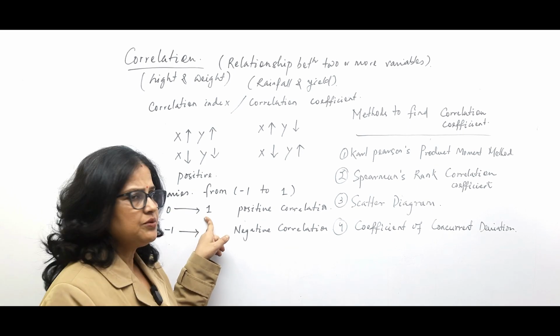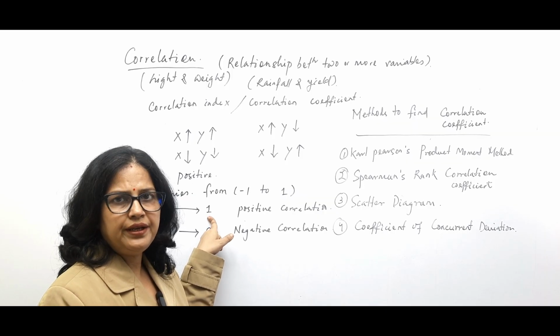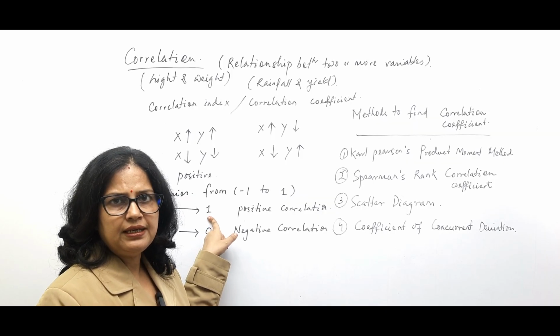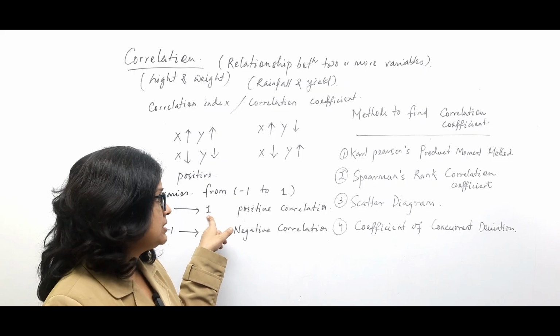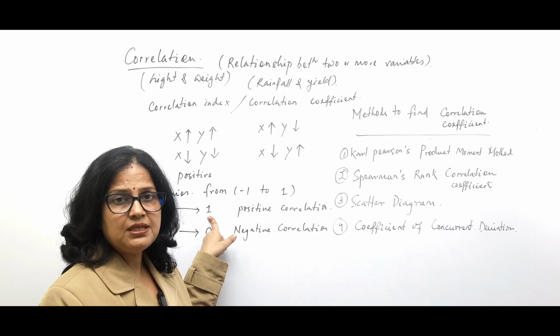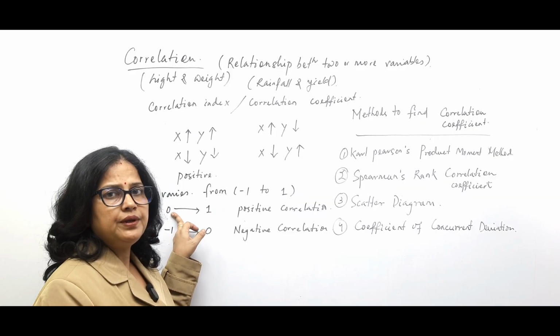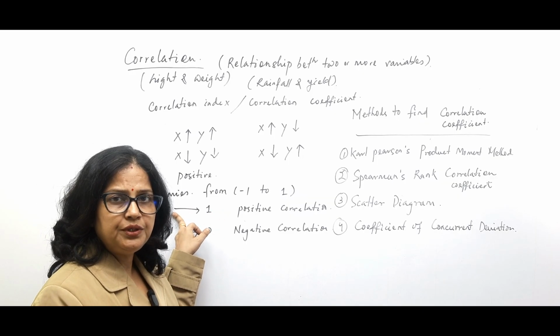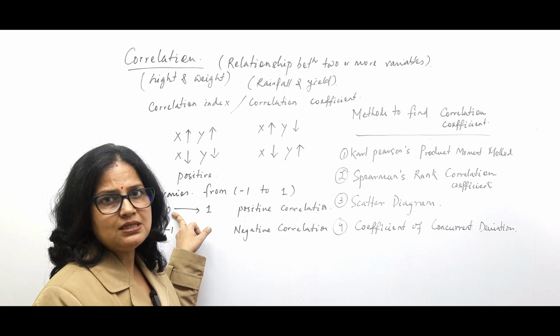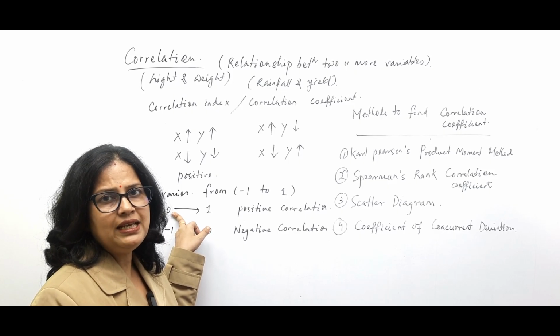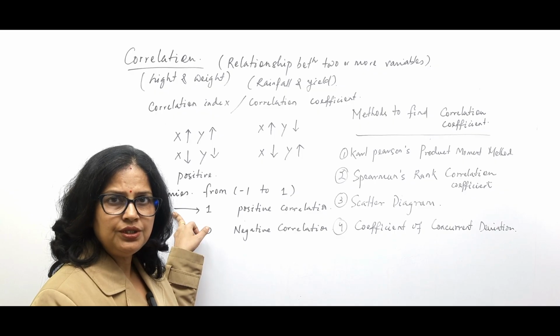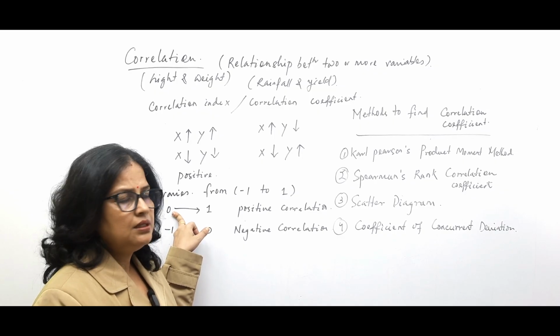If it is approaching 1, like 0.8 or 0.9, then we say strongly positive correlation, because it is very close to 1. If it is 0.1 or 0.2, then we say there is very little correlation, or a weak correlation, between the two variables.